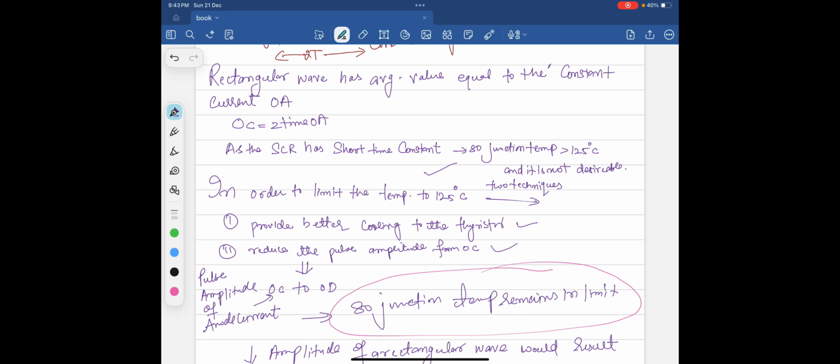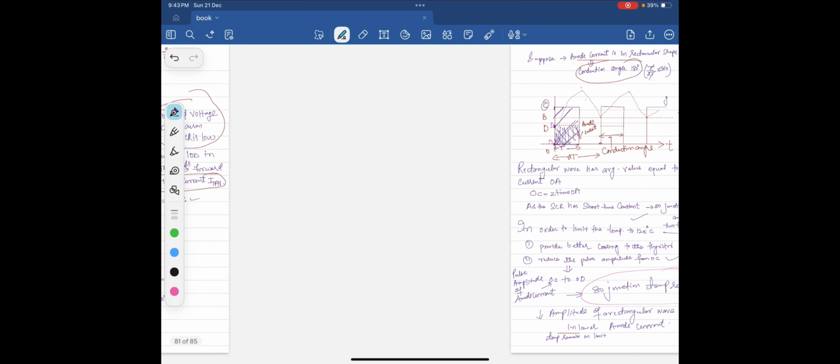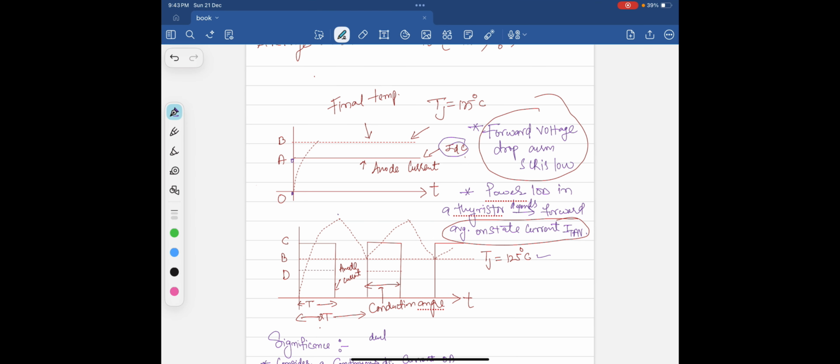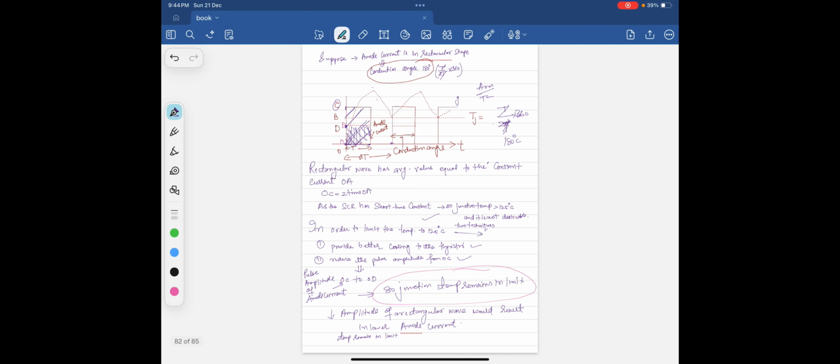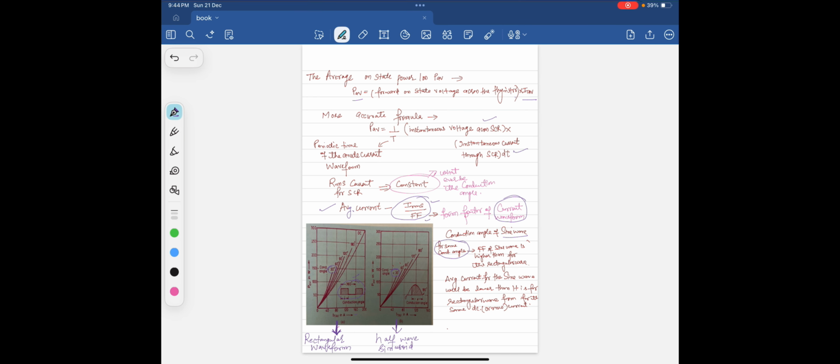In the second step, we reduced the pulse amplitude so the temperature stays within the limit. So the junction temperature remains at 125 degrees Celsius. If it surpasses 125 degrees Celsius, the temperature is so high that it can damage our SCR. So we will consider it. Thank you very much.